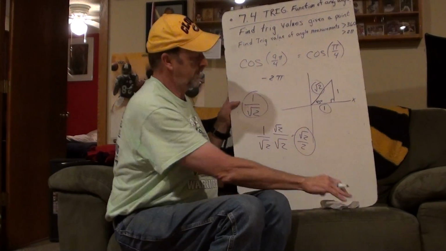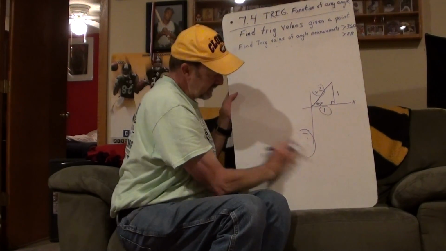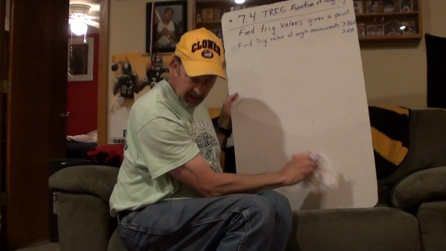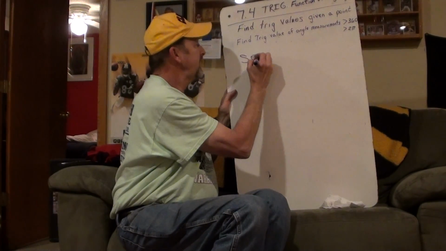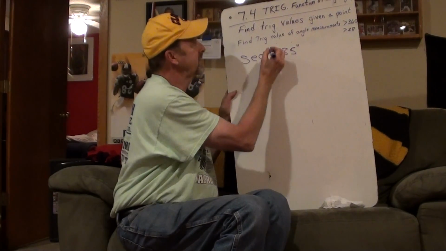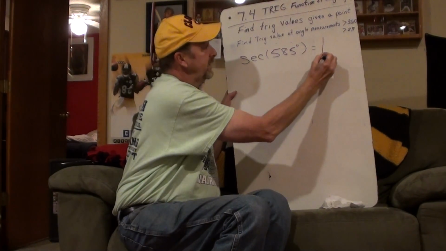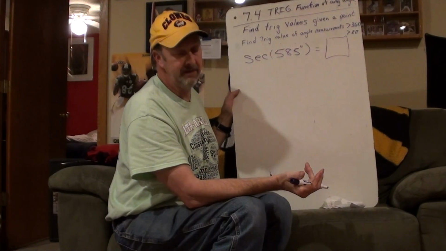Let's try one more. And it's not going to be sine, it's not going to be cosine, it's not going to be tangent. It is going to be secant. Secant of 585 degrees. So what is that ratio? Well, 585 is too big.